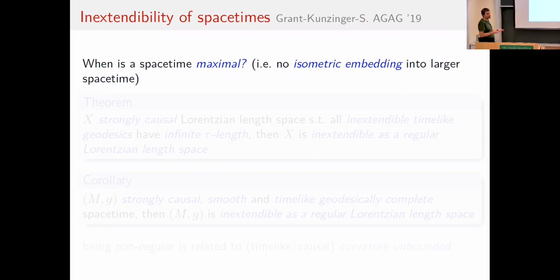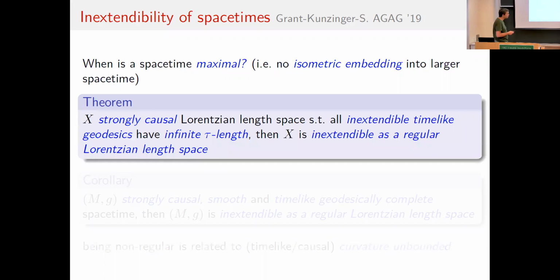There you cannot use geodesics, but he was still able to show that it cannot be extended continuously. And our proof is more along the lines of the argument using geodesics, because our setting allows a notion of geodesic. So for a strongly causal Lorentzian length space, a sufficient criterion for time-like geodesic completeness is that all inextendable time-like geodesics have infinite length.